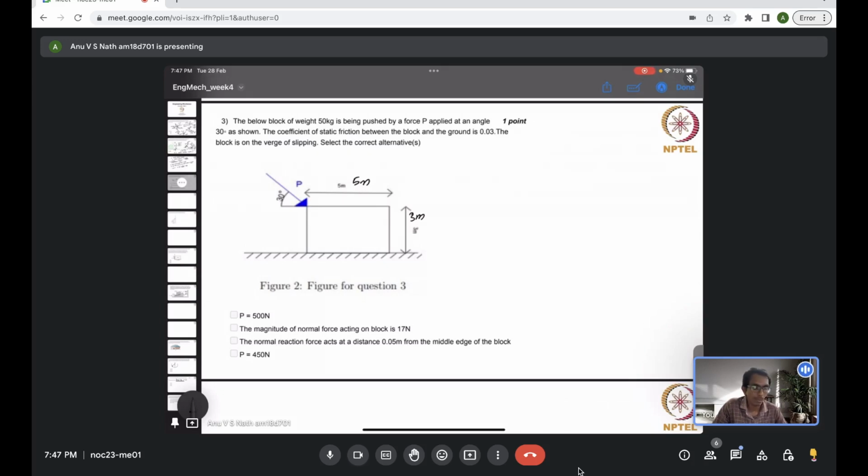What is the critical value of P, or the magnitude of the normal force? I am expecting you are trying this out, and if you are not, then please let me know so that I will not waste time.